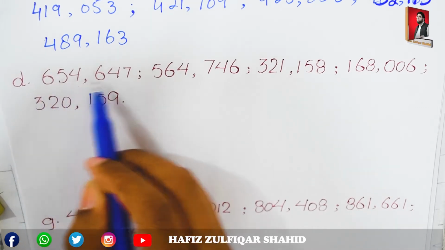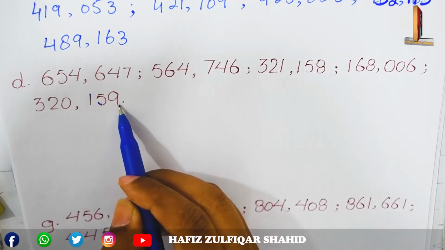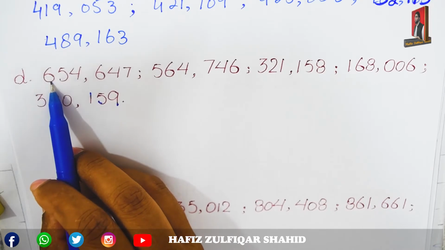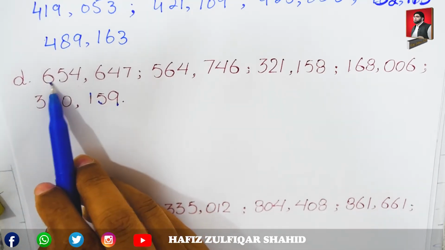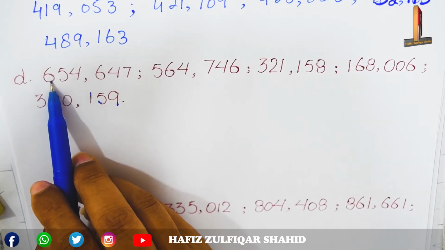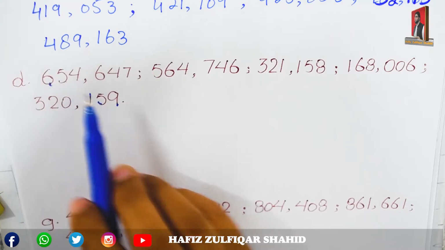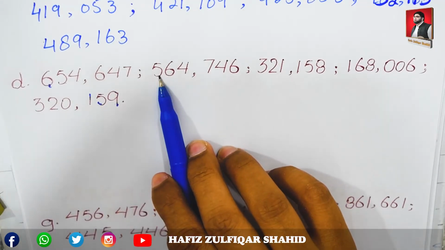See, we have 6 digits in each value. Now take a look at the first digit. Here we have 600 million, 654 million, then 647 million, then 500.